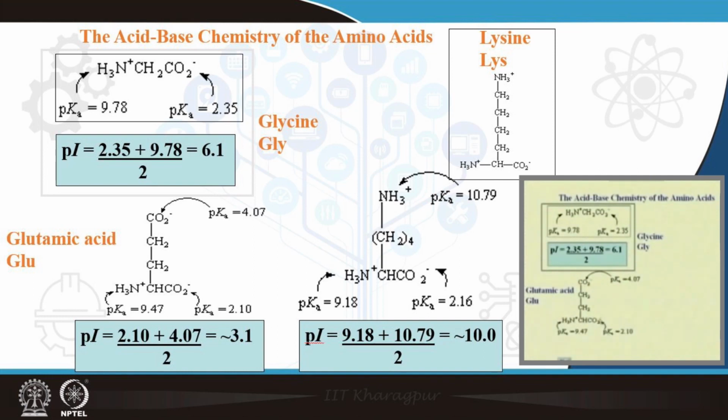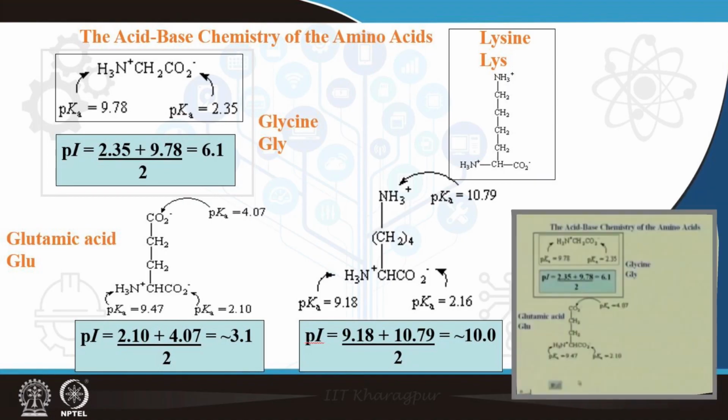So it first loses this one, right? So in between these two, my charge is what? 0. So what is my pI value? 2.1 plus 4.07, divided by 2.